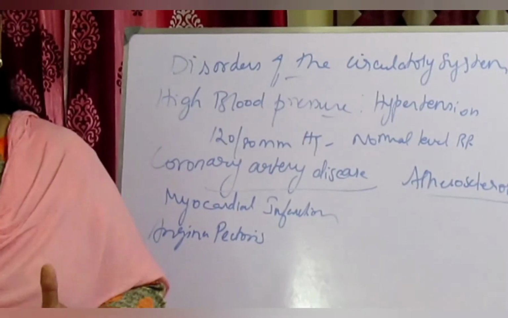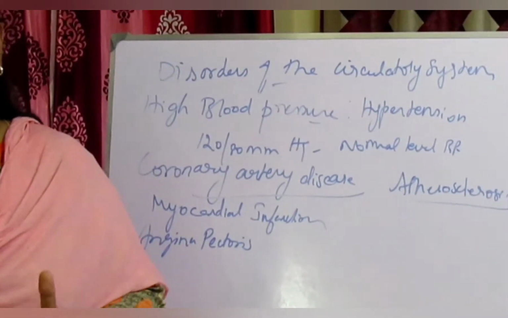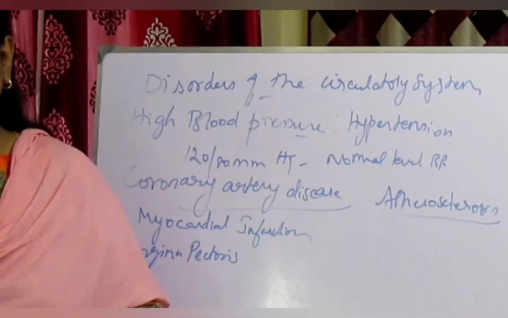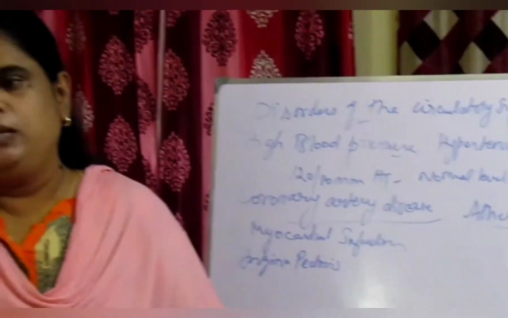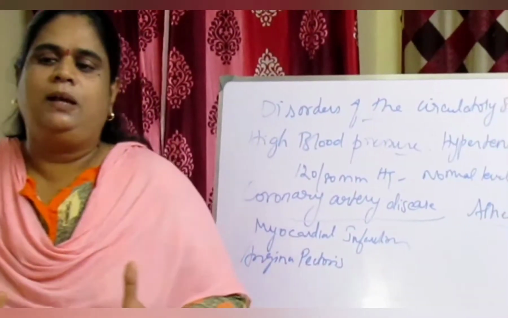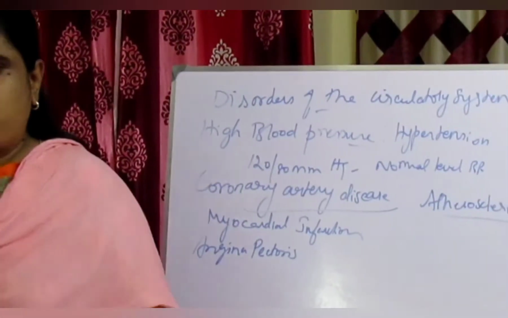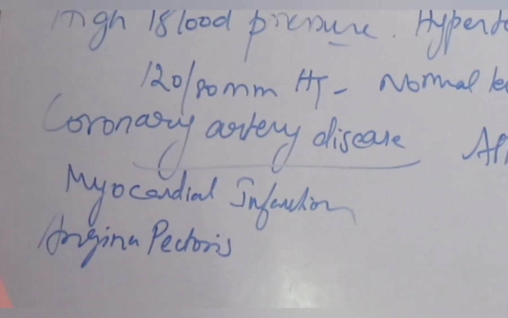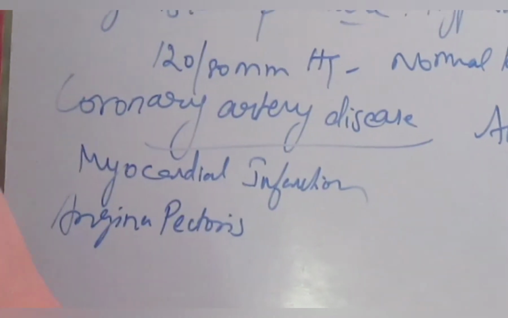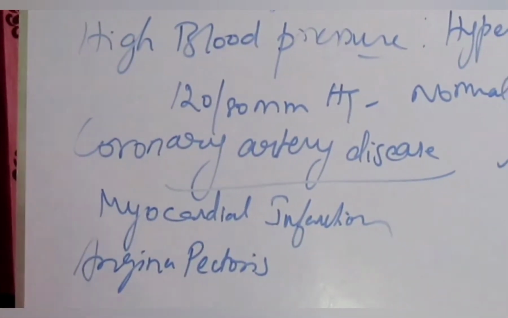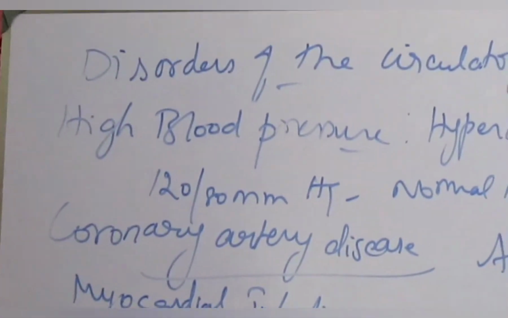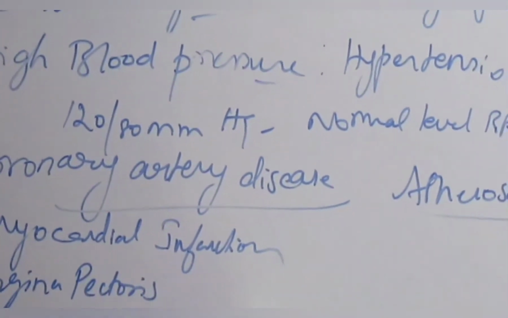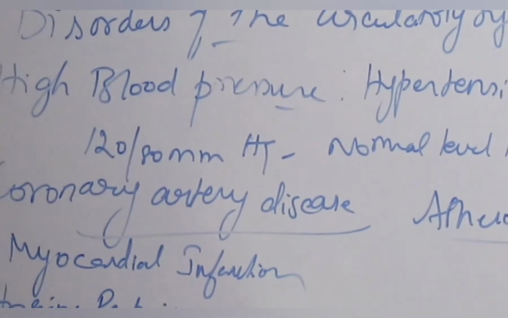Angina can occur in men and women of any age, but it is more common among middle-aged and elderly people. They may also feel breathless, tired and nauseated, that is, a sensation of vomiting. These are the symptoms of angina pectoris.